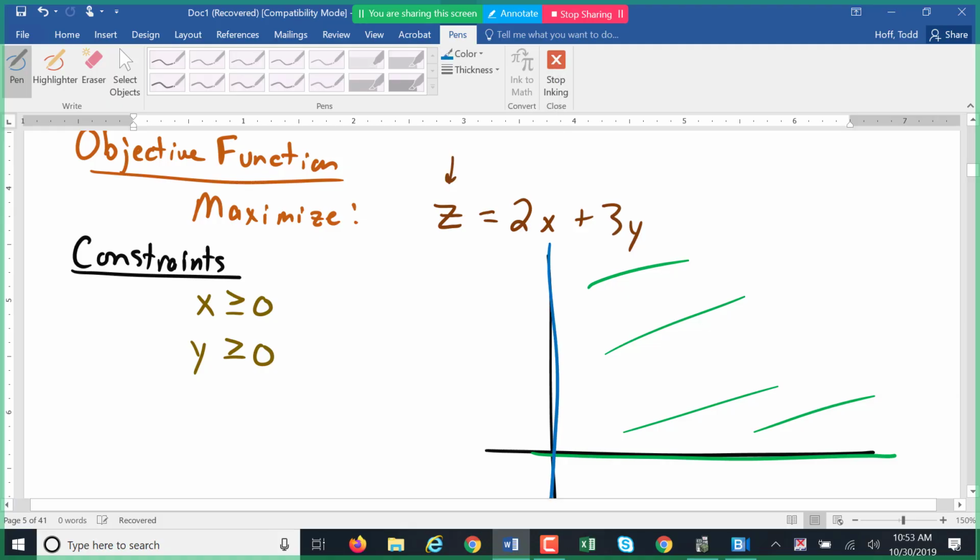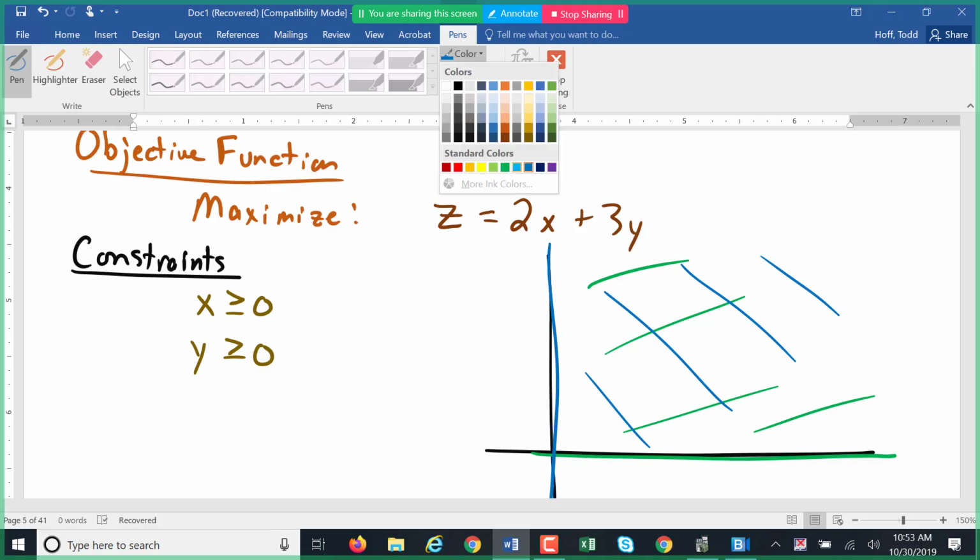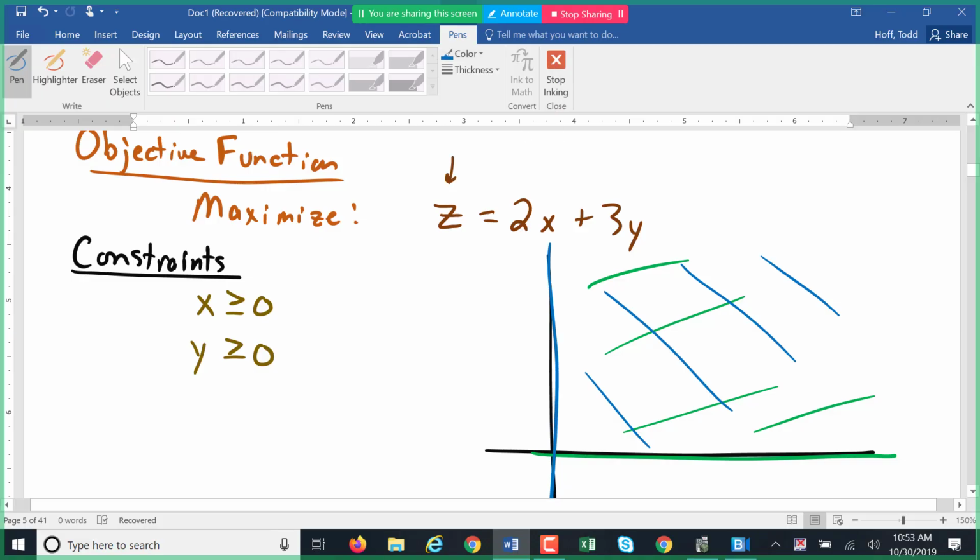Here's y equals 0, greater than means it's going to be shaded over here. Obviously, our other 2 constraints are going to help us enclose this region. And generally, we do want to completely enclose a region, and generally we have at least 3 constraints so that we can completely enclose a region.